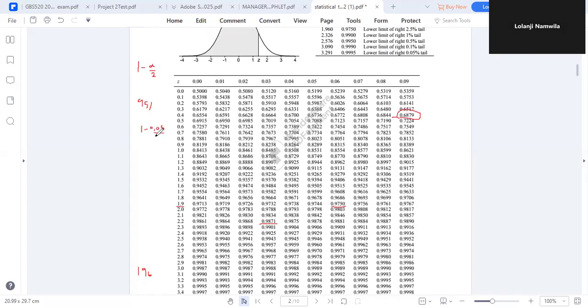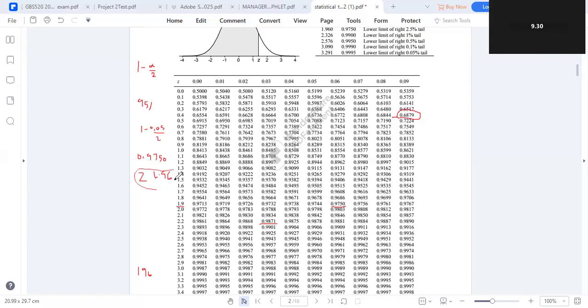What do we get? We get 0.975. This is the probability that we have here. When you read it from inside the table, it will give us a Z of 1.96. So that is how we got those figures.